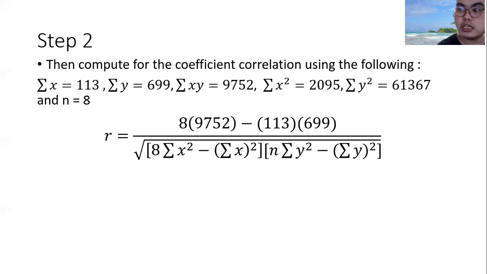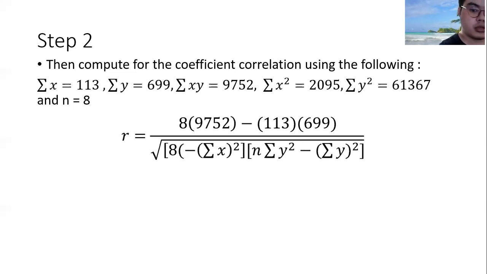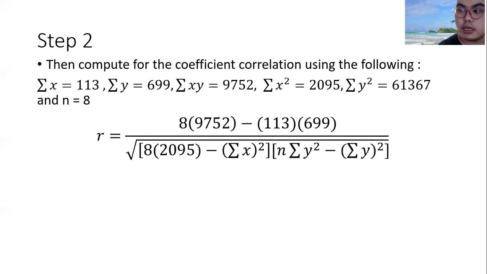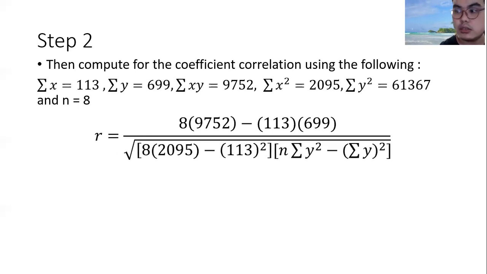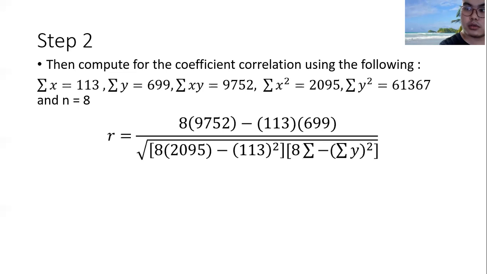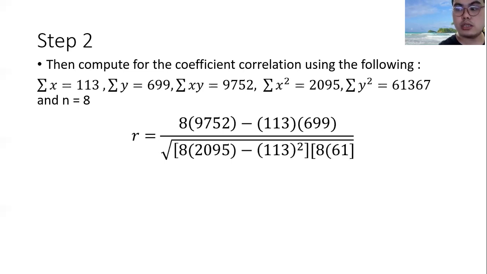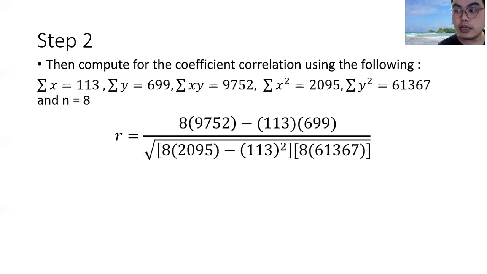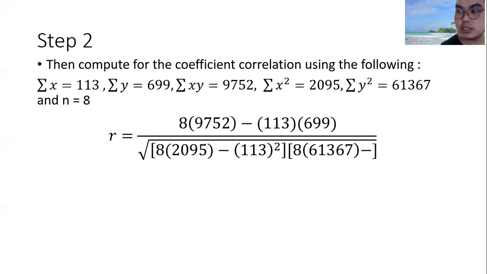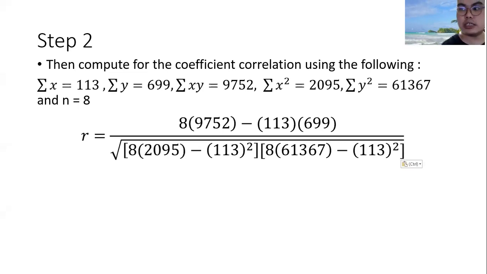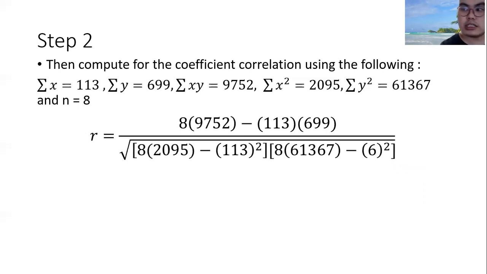Yung n natin is 8, so we're going to multiply this with 2095, then minus 113, then 8 times 61367. Then what are we going to do is we're going to minus this. Okay, so please bear with my typing skills. Okay, so this will be 699.